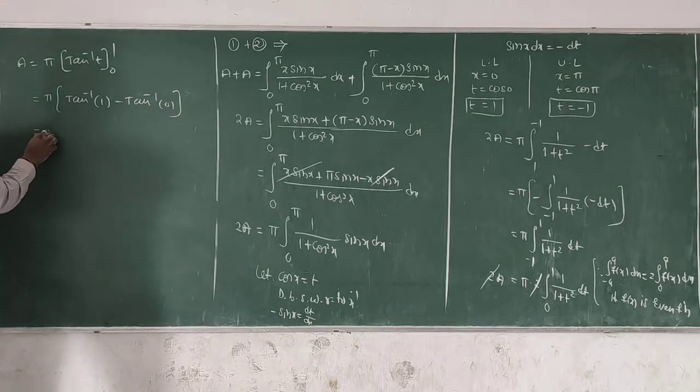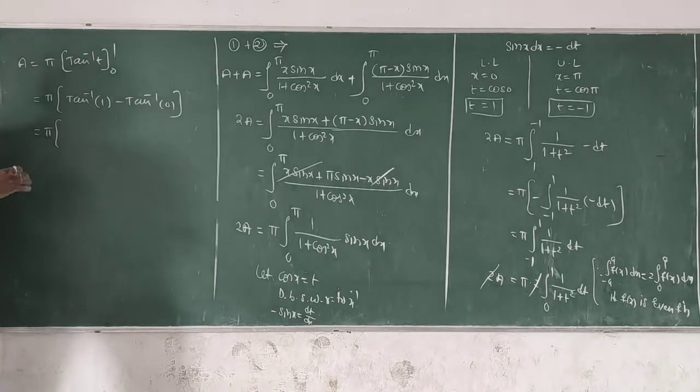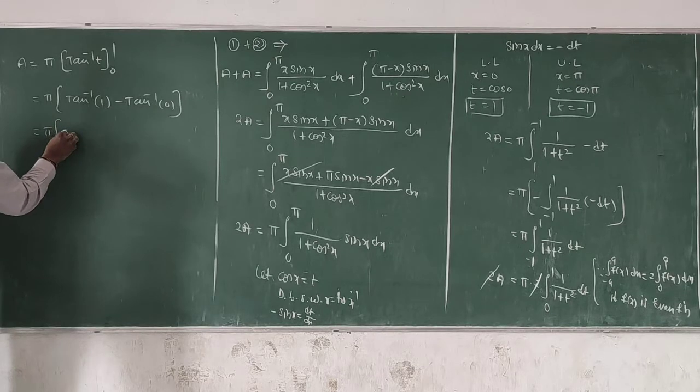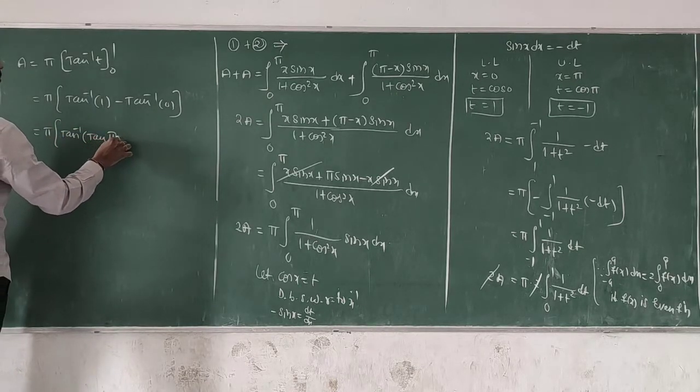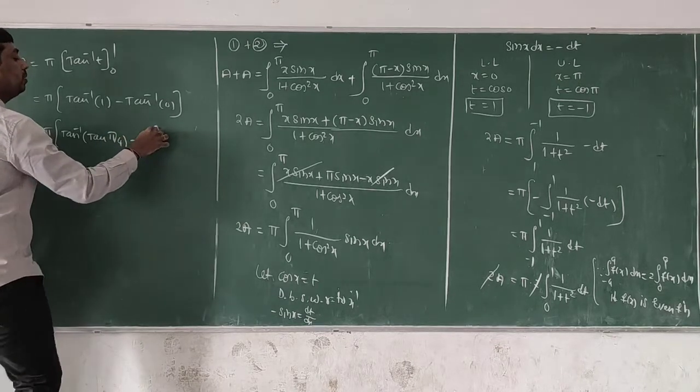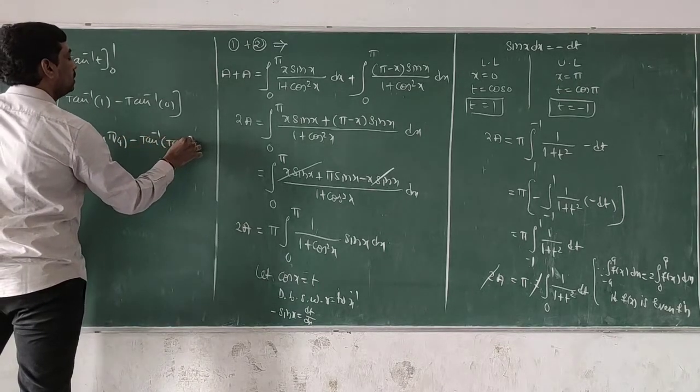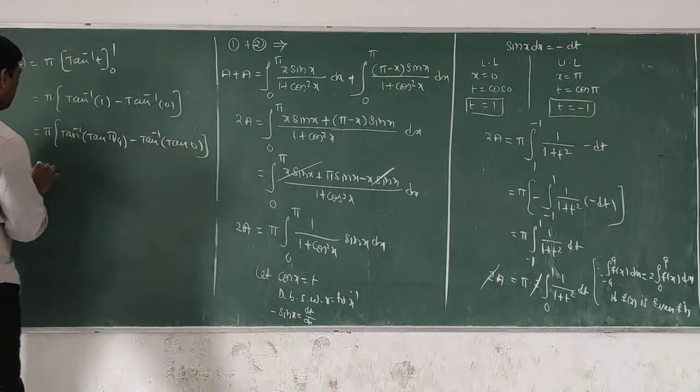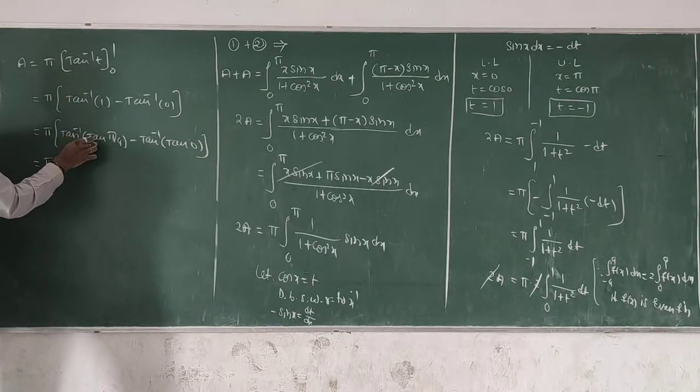Pi into: tan inverse of 1 can be written as tan inverse of tan pi by 4, minus tan inverse of 0 can be written as tan inverse of tan 0.